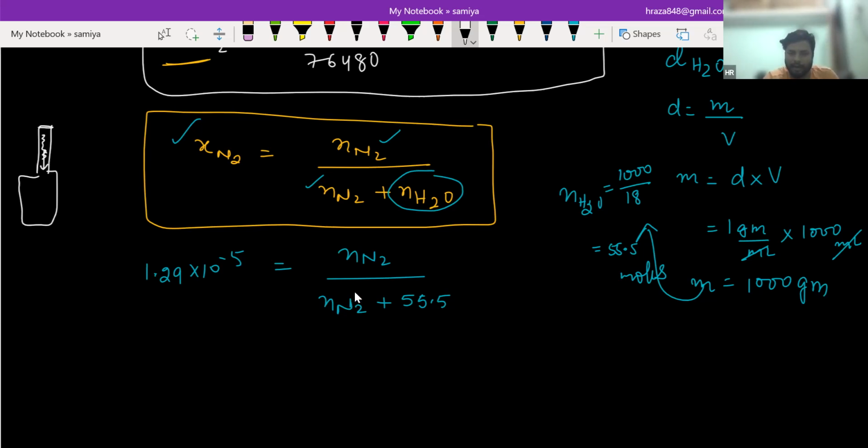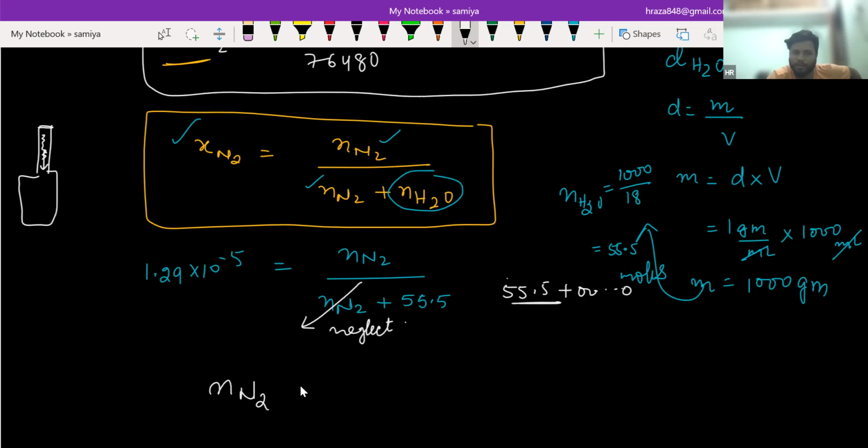That's why in the denominator, we are going to neglect it. In Henry's equation, you have to neglect it in the denominator, because if you add 55.5 plus 0.00 something, it won't affect the value 55.5. It will be almost equal to this. That's why I just neglect it.